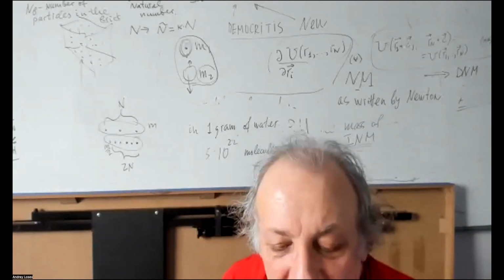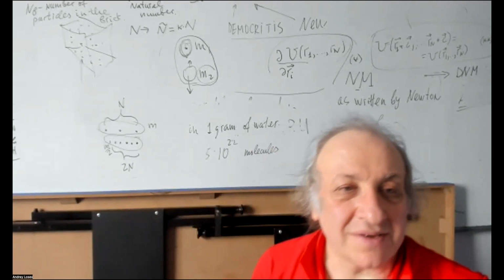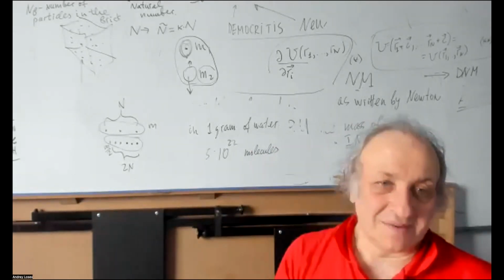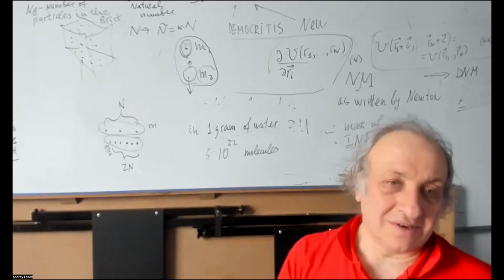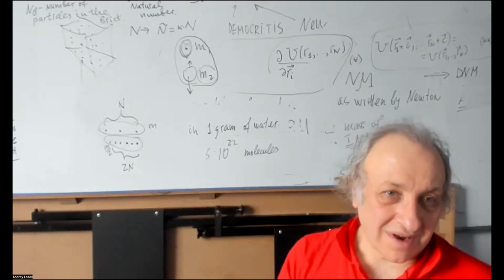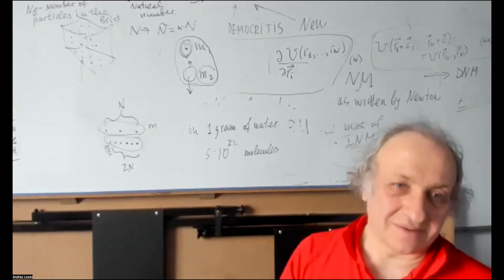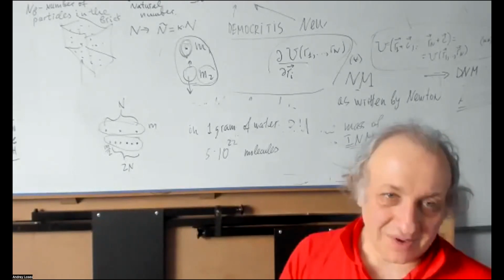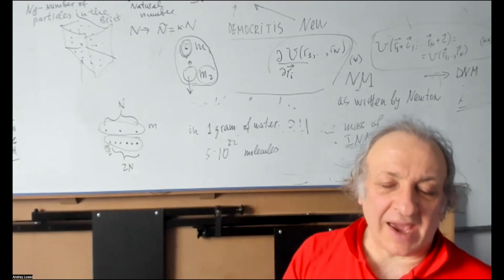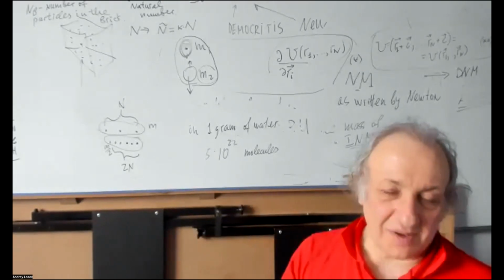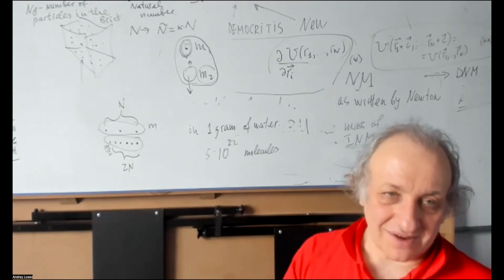So when I was thinking about Democritus-Newtonian mechanics, I, of course, found similar phenomena. We have a microscopic theory with these fundamental particles, and we have a macroscopic theory about our observations at low energy, big scales.